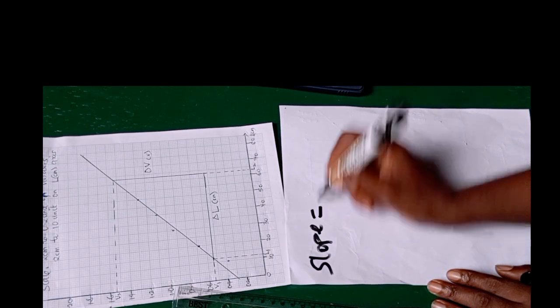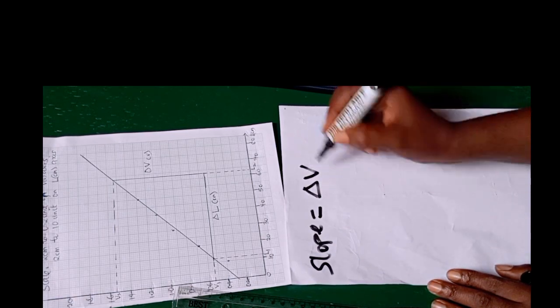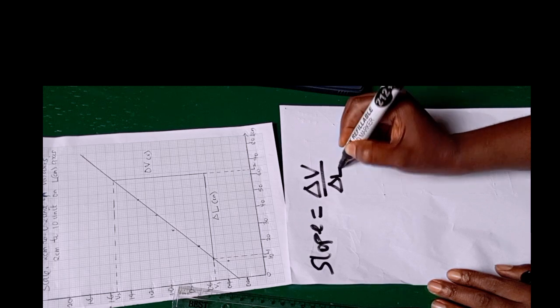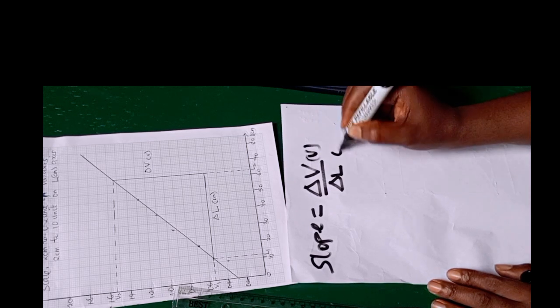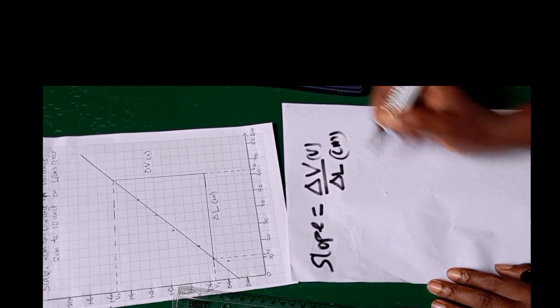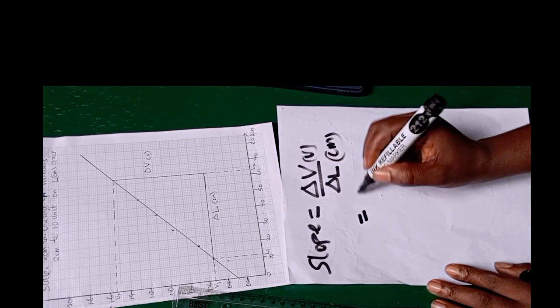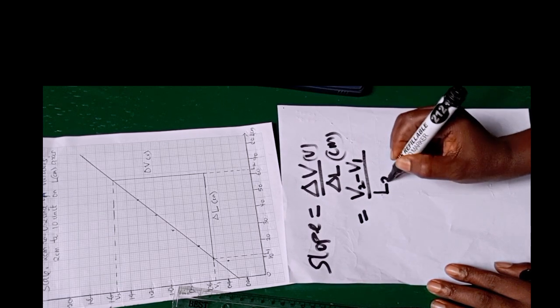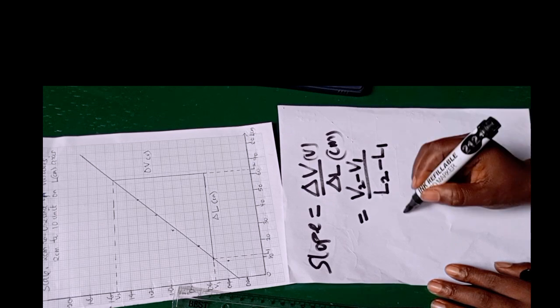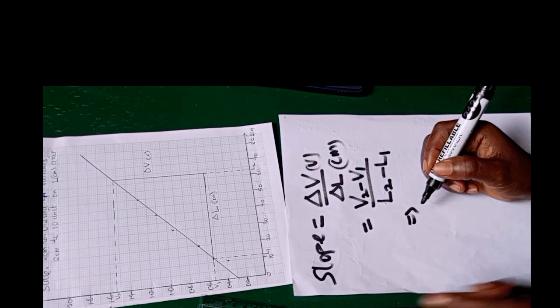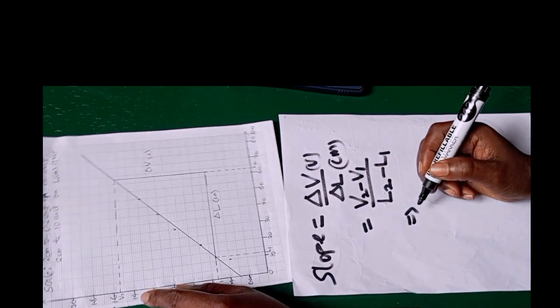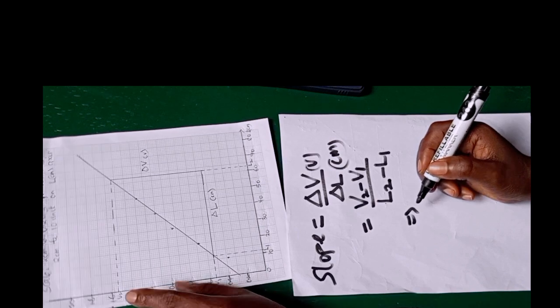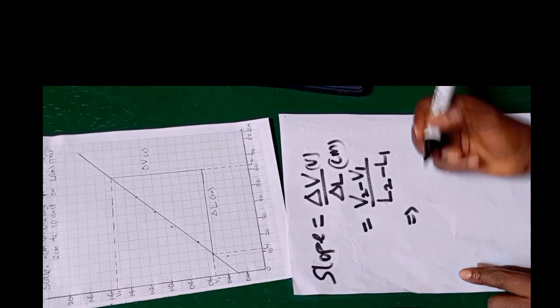Slope is equal to change in V over change in L. This is volts, while this is centimeters. That is V2 minus V1 over L2 minus L1. From what we have, our V2 is 1.54.